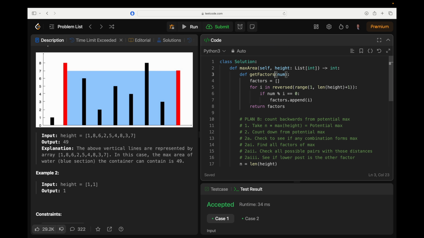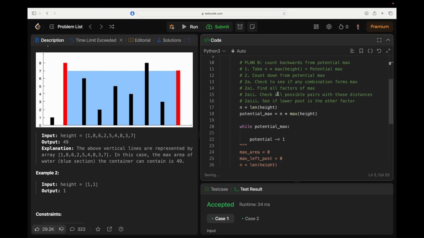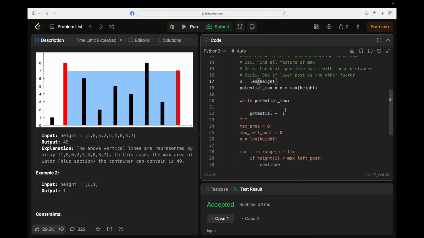I was gonna say call this get_factors. n is the length of height. Potential max is n times the max of height.